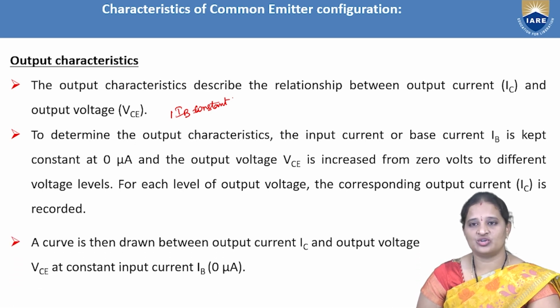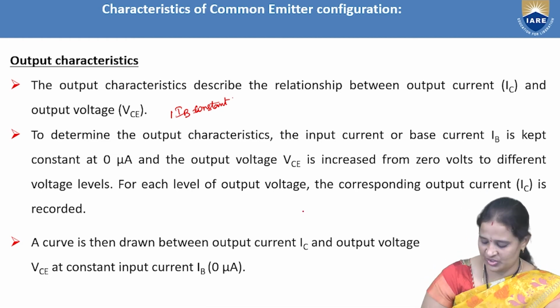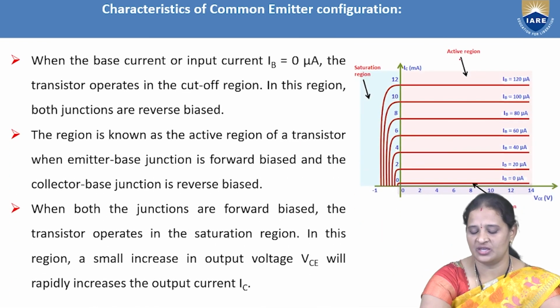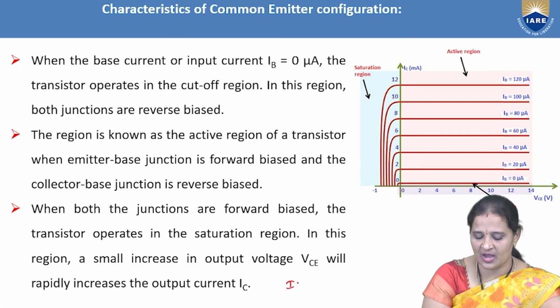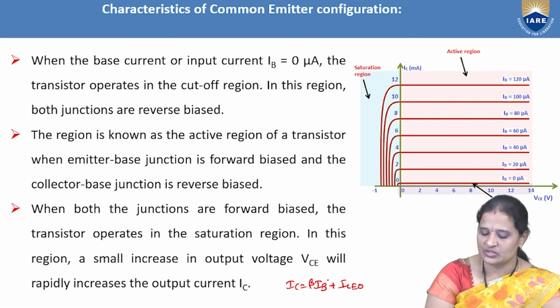Initially, IB is considered to be 0. Now we all know the equation of current. What is that equation? We have seen that the equation of current is IC equals beta into IB plus ICEO. So if IB is equal to 0, then IC is equal to ICEO.